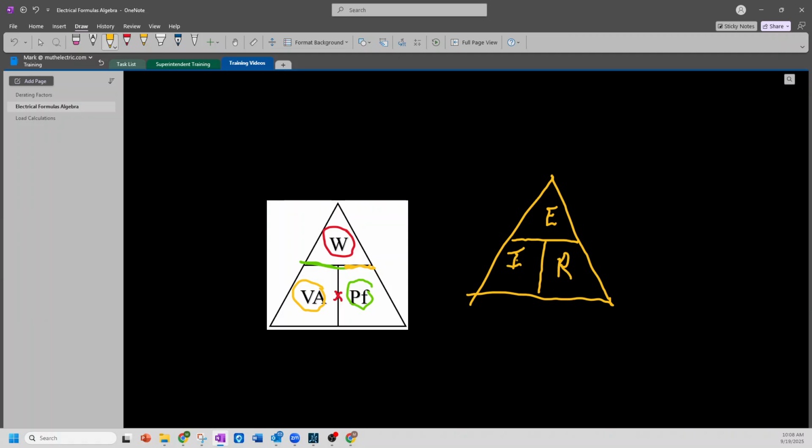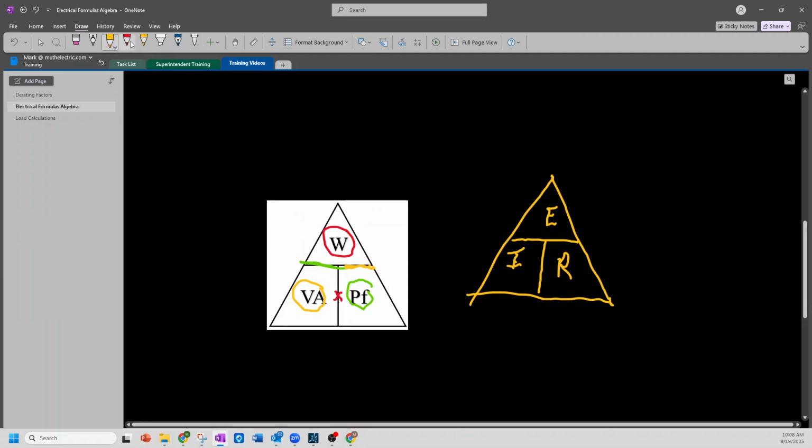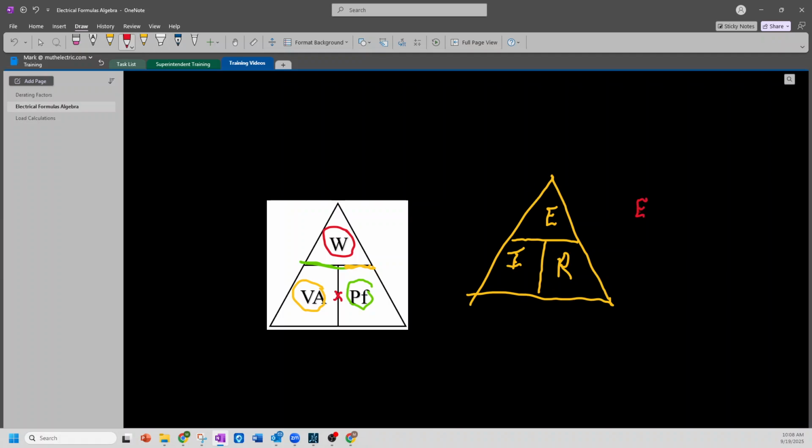So if you want to find current, you take your voltage, divide it by your resistance. If you want to find resistance, you take your voltage, divide it by your current. If you want to find voltage, you take I times R.